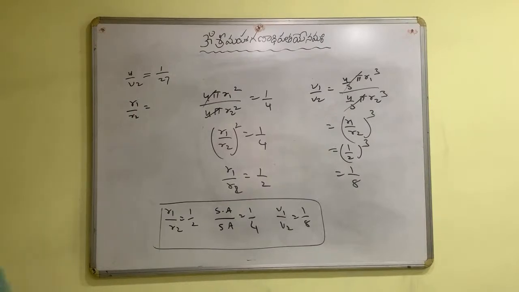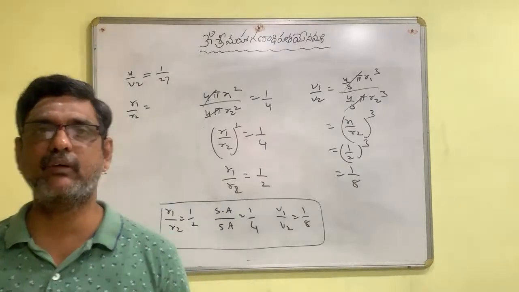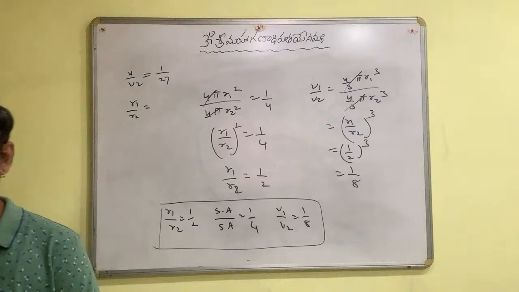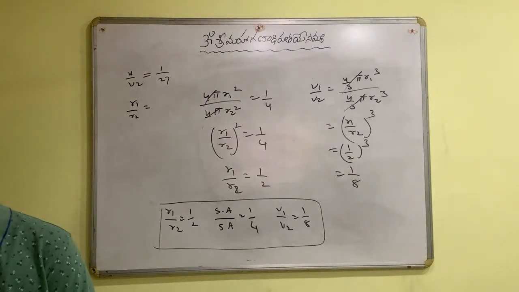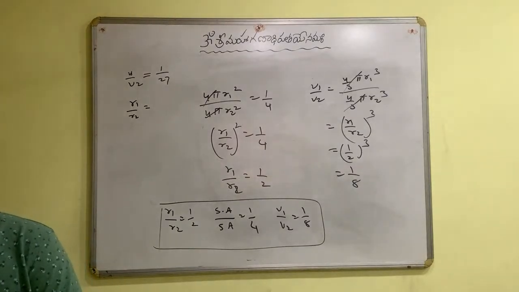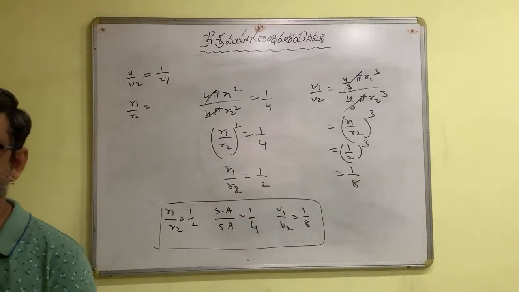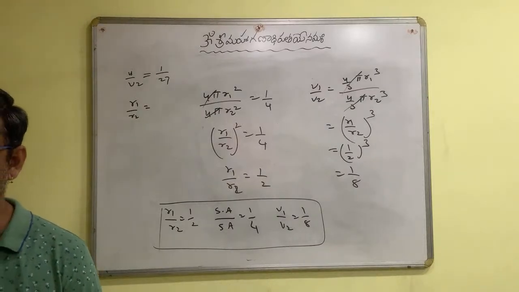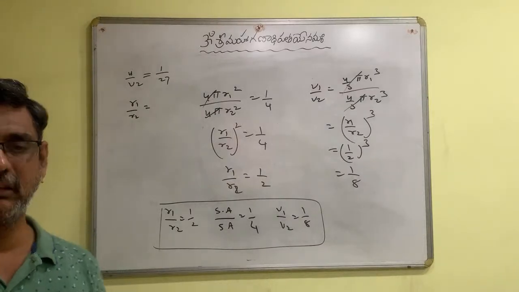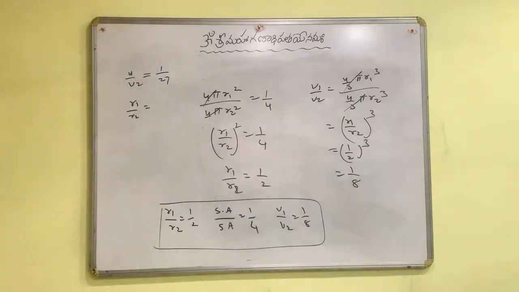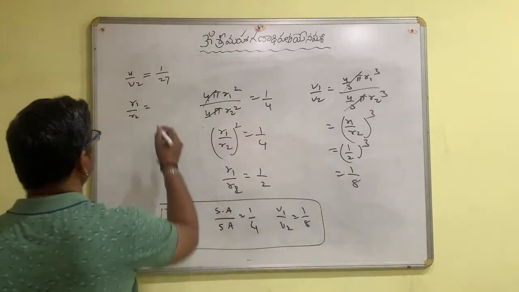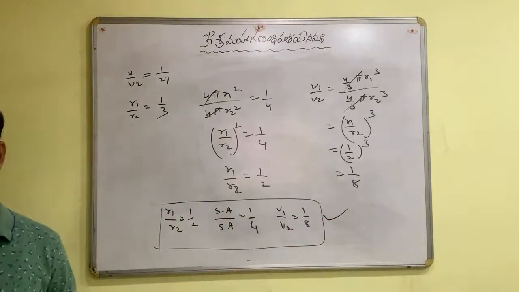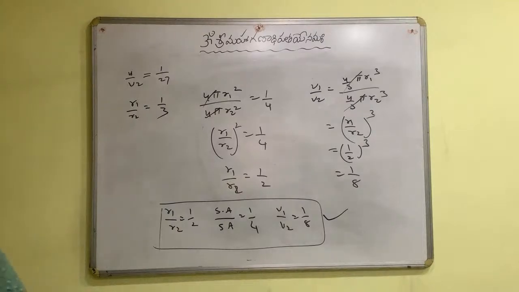There are two spheres, their volumes ratio is 1:27. Then what is the ratio of the radii? Very good, Darsh. Excellent. 1:3. Very good. If you observe this statement, you can say the answer easily.